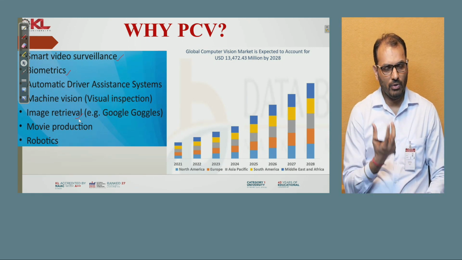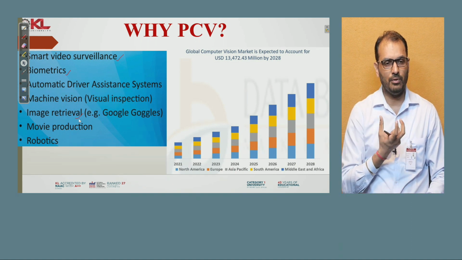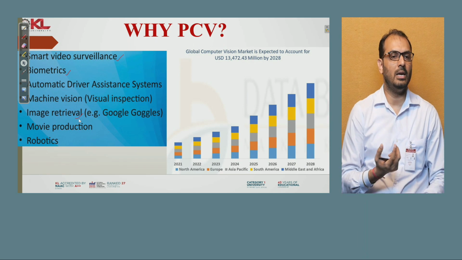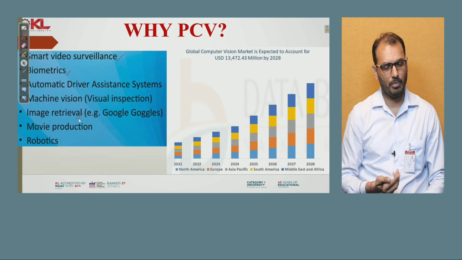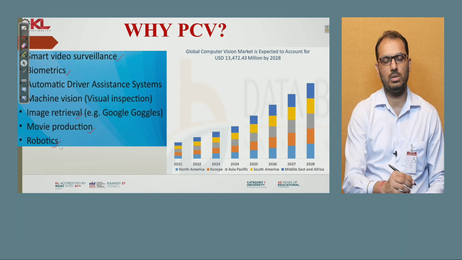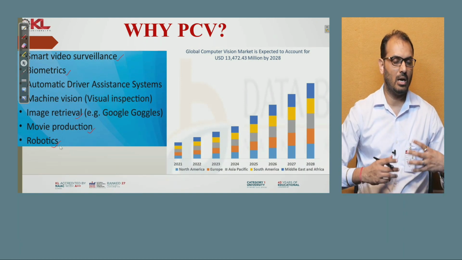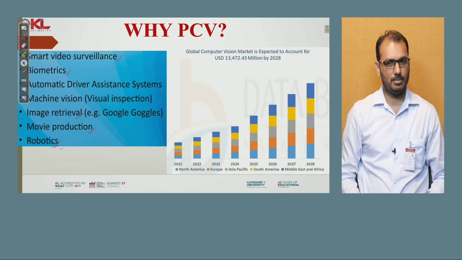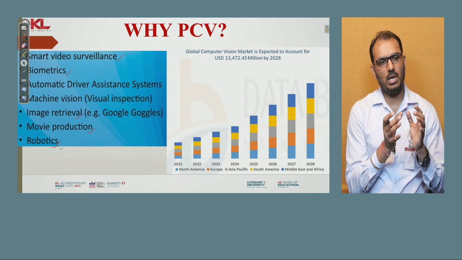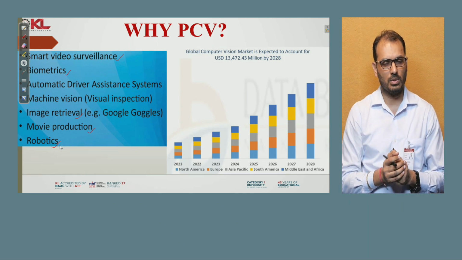Based on the text, you retrieve the videos, the PDF files, and the related content. We can also use it in movie production and in robotics. These are the various smart applications where we can use computer vision processing.